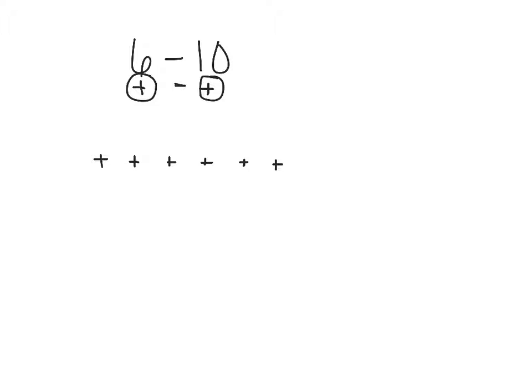So for me to get 10 positives, I have to add 4 of them. But I can't just do that because that changes the value. So I need to put in my negatives as well. Because again, this right here is a zero pair.